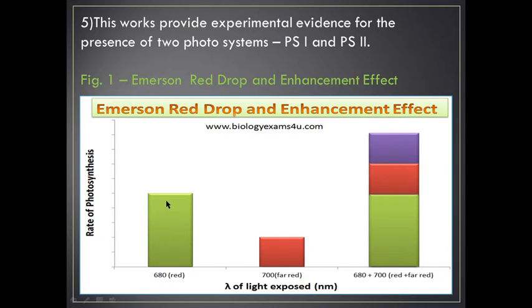Now the rate of photosynthesis is shown in red light and in far red light, but when both are given in alternate fashion, red and far red, it gives a higher yield of photosynthesis. These works provide experimental evidence for the presence of two photosystems, that means photosystem first and photosystem second.